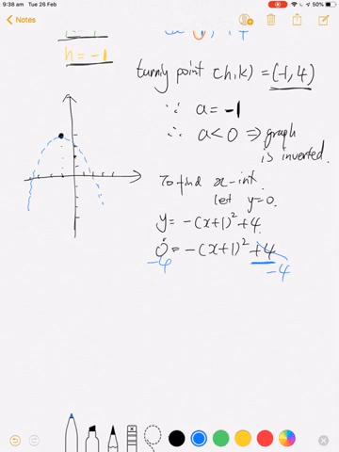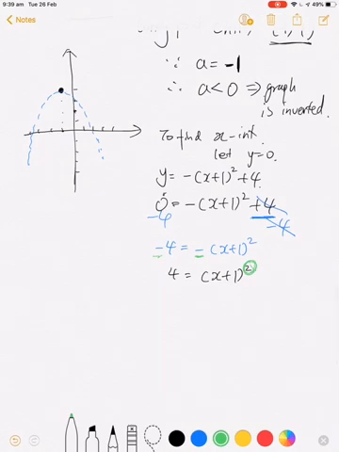Therefore minus 4 cancels out, and on the left hand side we will have negative 4 equal to negative x plus 1 to the power of 2, and that negative and negative we can cancel out, so the equation becomes 4 equal to x plus 1 squared. Now you see here we have a square. To get rid of that square, we need to do the opposite of square, which is square root. So we do square root on both sides.